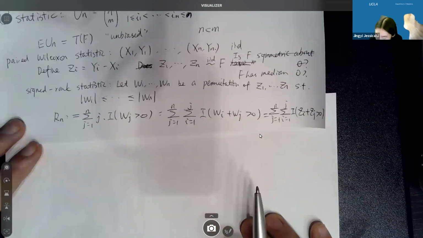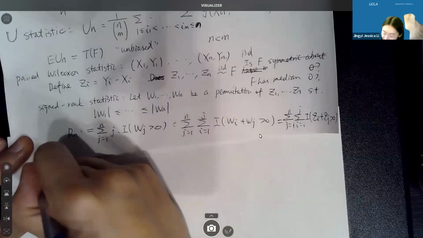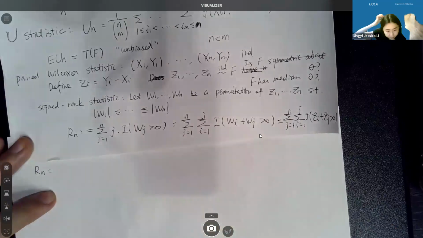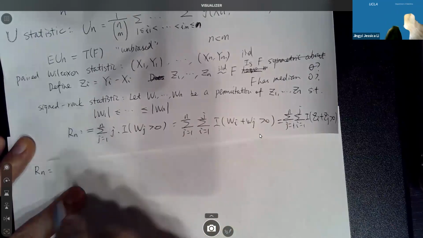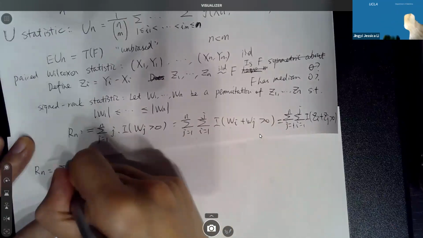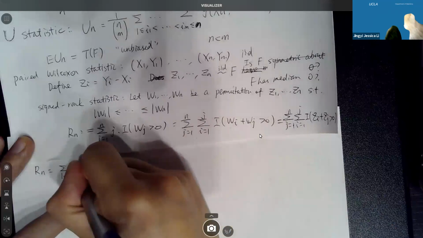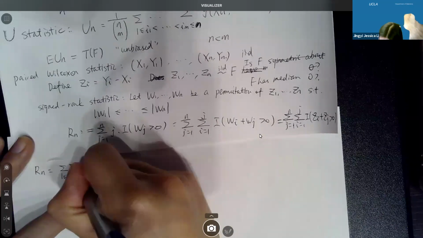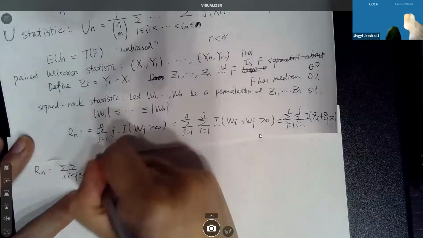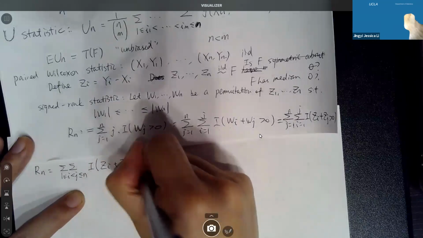So you see that this Rn is equal to the sum over 1 less than or equal to i less than j less than or equal to n of the indicator Zi plus Zj greater than 0. That's what I have.